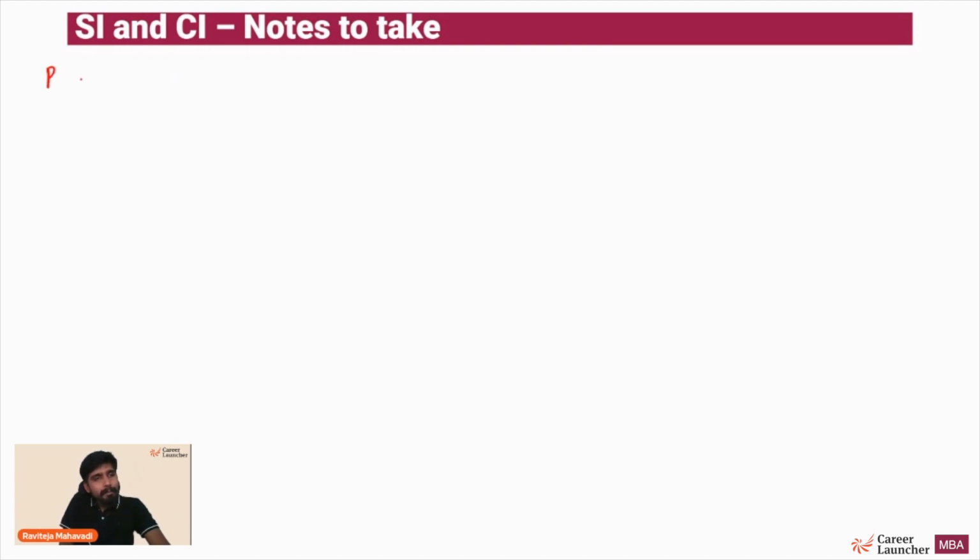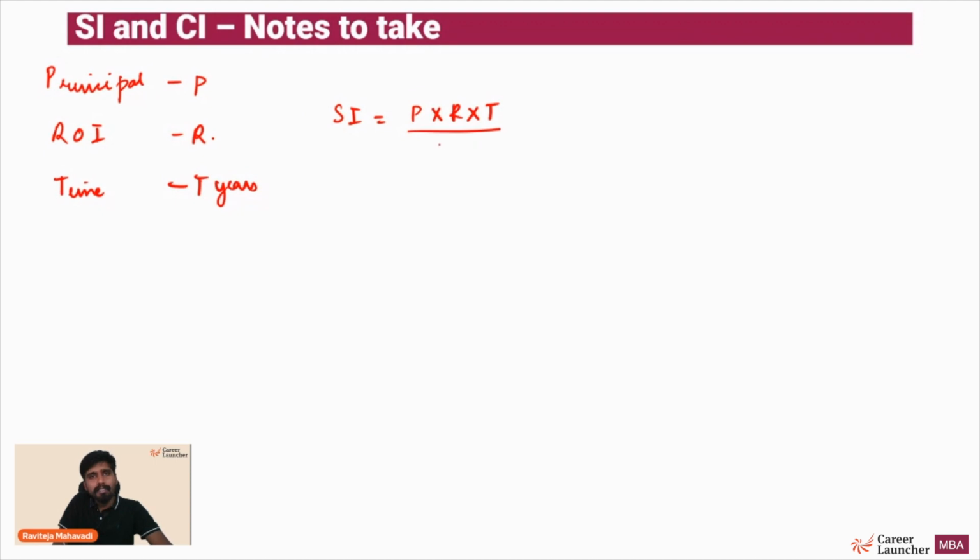When there is a principal amount P, money grows at a rate of interest R. The rate at which money grows, or the percentage at which money grows, is called the rate of interest. And if the time period is given as T years, then simple interest is equal to P into R into T upon 100. And this is what all of us know, because we have gone to school.